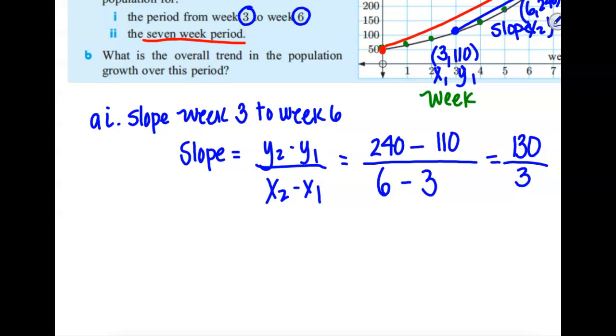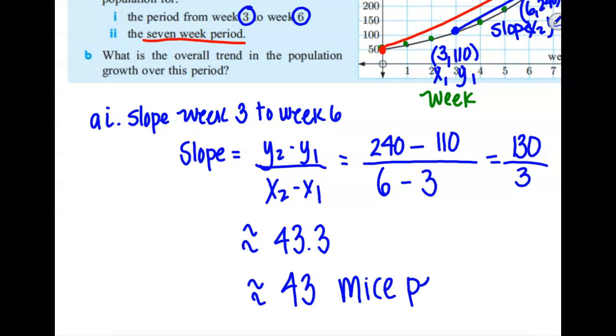You can also reduce that down, in your calculator, to 43.3, which we'd have to then round to the nearest mice, so 43 mice. So what does that mean? There are 43 mice per week as your slope. That's your rate of increase.